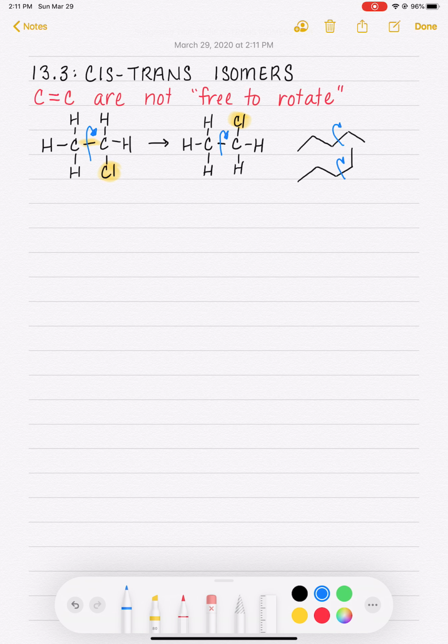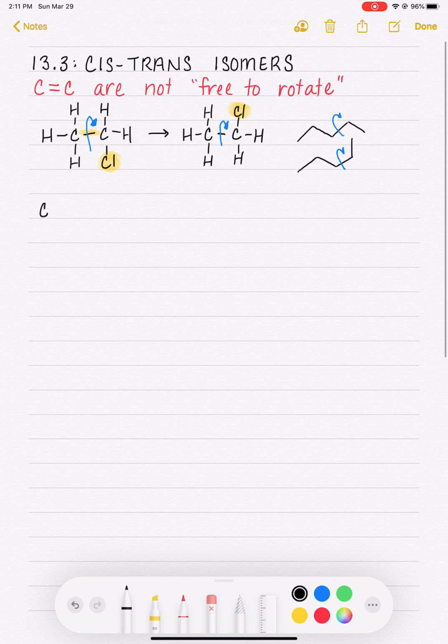Well, that is not the case with carbon-carbon double bonds. So once we get a molecule that has a carbon-carbon double bond in it, that carbon-carbon double bond is locked. The molecule is not going to be able to turn around or twist around at that particular carbon. That's not allowed.